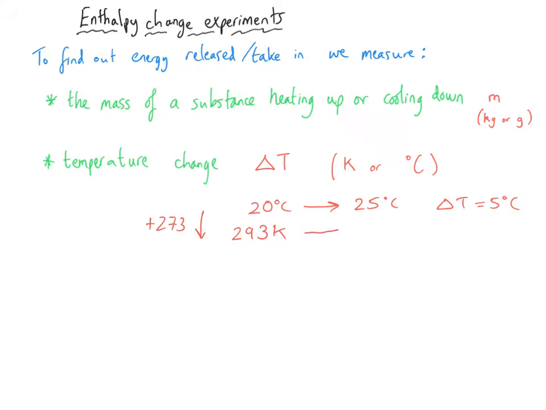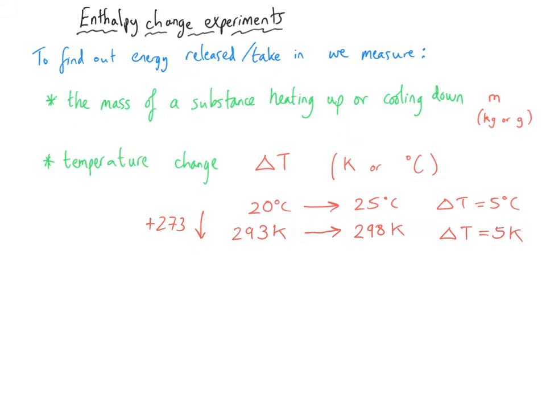And so the temperature would go up to 298 Kelvin, because 25 add 273 is 298. And so whilst the numbers are different, the temperature change is the same number.